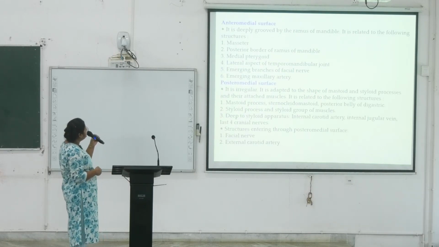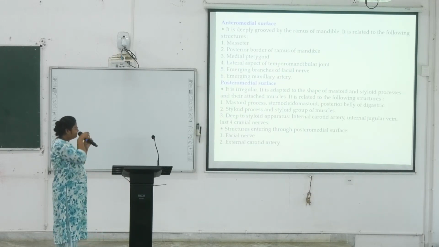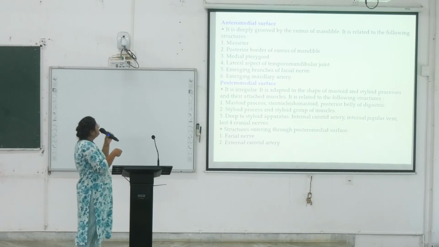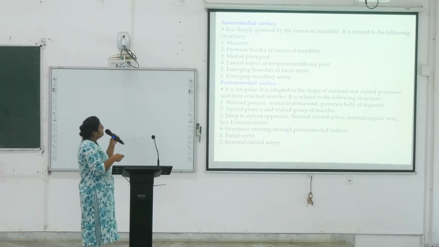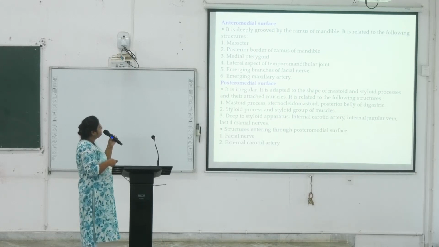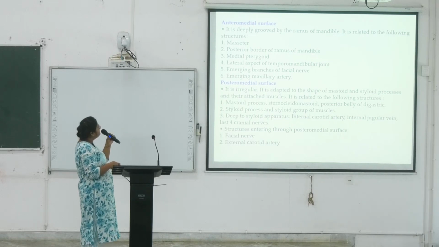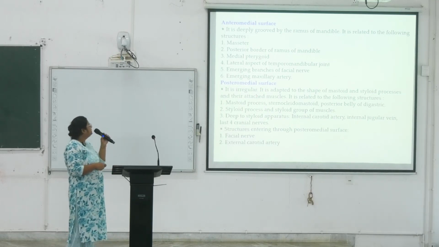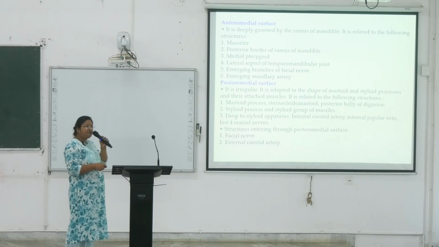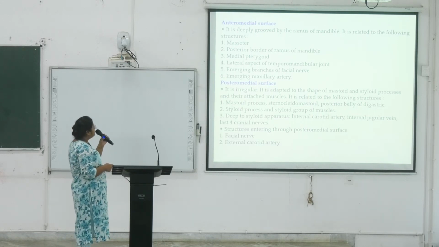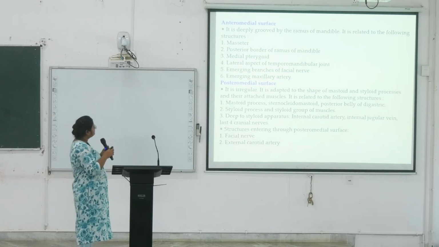Now we go to another surface, the anteromedial surface. It is deeply grooved by the ramus of the mandible and it is related to these structures: masseter, posterior border of the ramus of mandible, medial pterygoid, lateral aspect of the temporomandibular joint, emerging branches of the facial nerve and emerging maxillary artery.